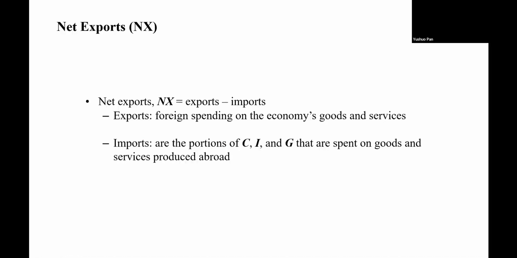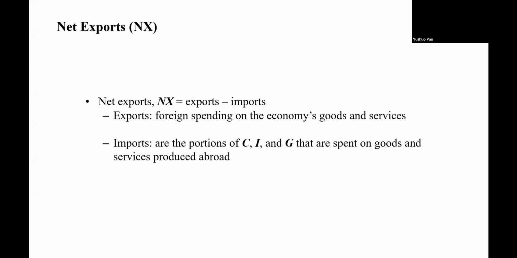The same as consumption. Such as, I want to buy a Toyota here. Sorry, I shouldn't use a second-hand example. I should buy a new car. Okay, $50,000 for a new Toyota here. That's part of consumption, right? That's part of GDP as consumption, because GDP equals C plus other components.